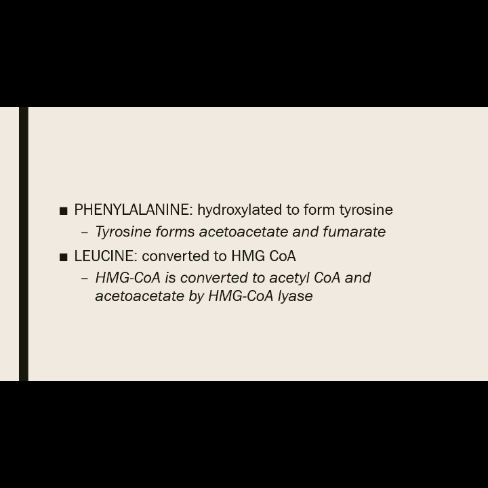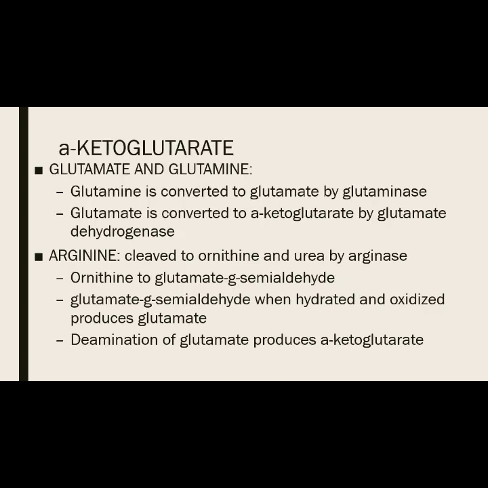Let's take a look at those that form alpha-ketoglutarate. You have here your glutamate and glutamine. Your glutamine is converted to glutamate by glutaminase, and with the action of your glutaminase, your glutamine produces glutamate and ammonium ions.